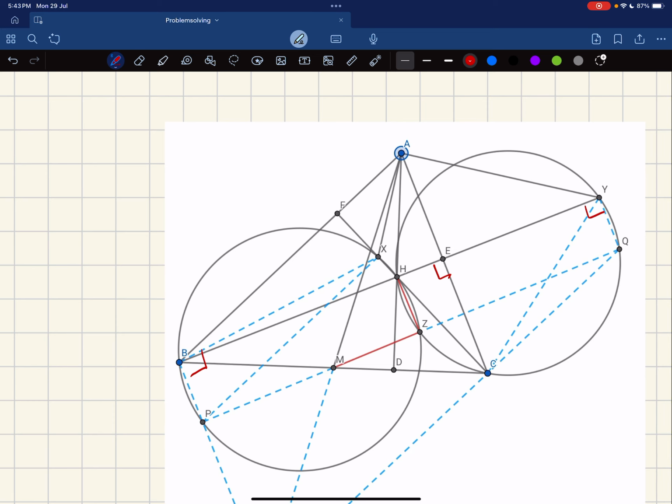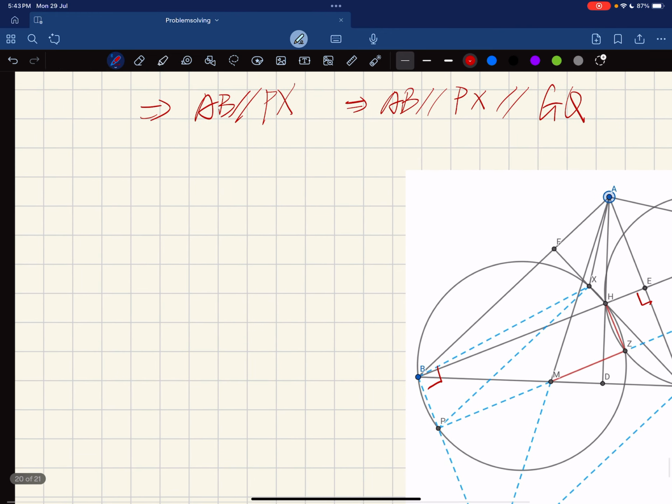Since these points are concyclic, how can we get that the angle HCM equals the angle HZ? We have to prove that M, Z, Q are collinear, right?